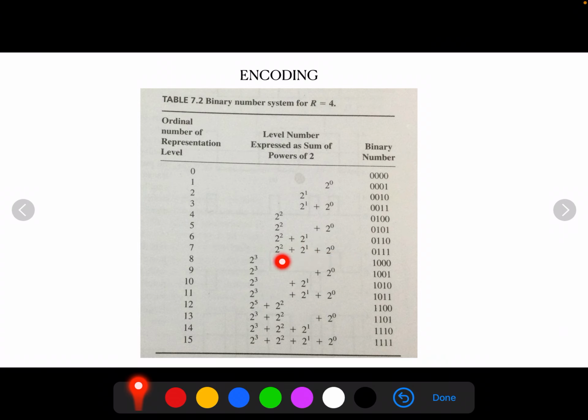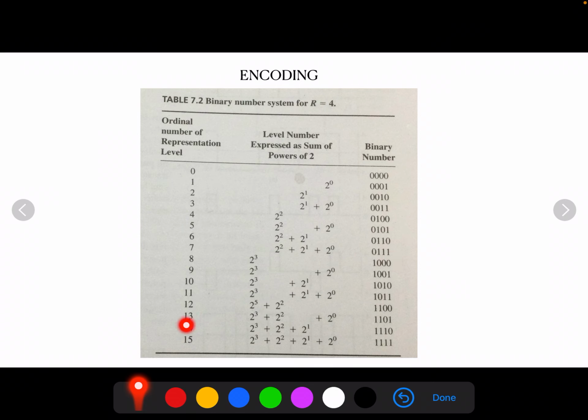So 2 power 2 is 4, 4 plus 2 power 1, which is 2, is 6, and 2 power 0 is 1, 6 plus 1 is 7. So wherever we have a digit with 2 power something, that will be taken as 1, and wherever we don't have anything in that place, we place 0. So it is 0, 1, 1, 1.